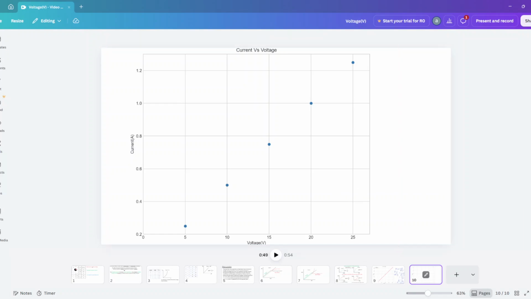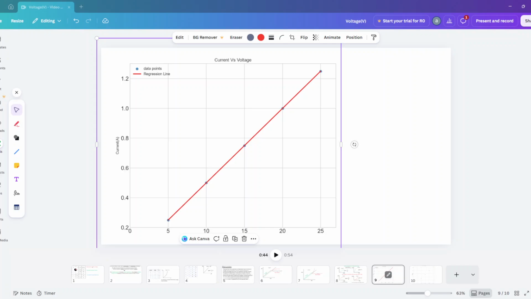And then what do I do afterwards? I draw a line of best fit. So here is my regression line. The line of best fit, or regression line, is the line that you draw that best fits your data. So this data is best fitted by a straight line.